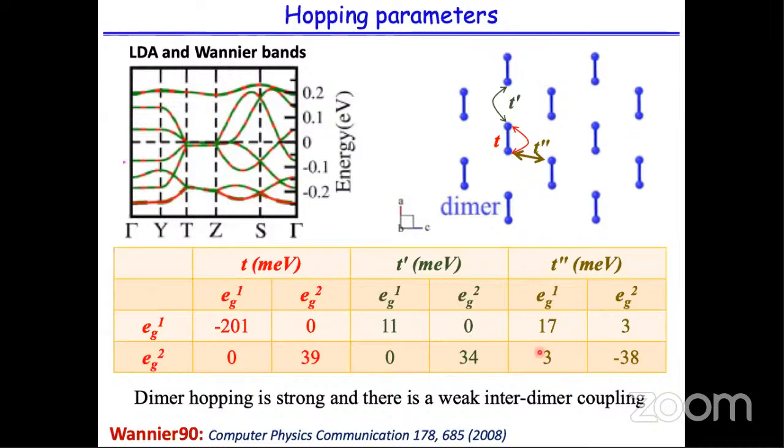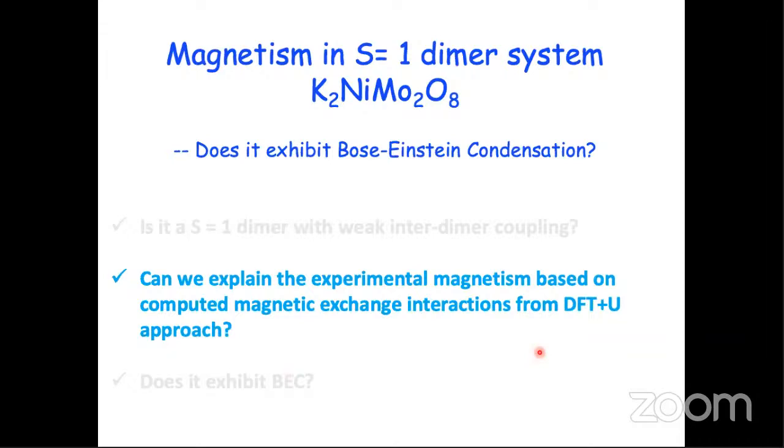But going ahead, we wanted to estimate those exchange interactions from spin polarized calculation. So that's why we go to the second part. We already know from the Wannier calculation that this is a strong dimer with weak inter-dimer coupling, but we wanted a quantitative estimation of those exchange interactions, and that's why we performed GGA plus U calculations and estimated those exchange interactions and try to explain the experimental data based on those parameters.